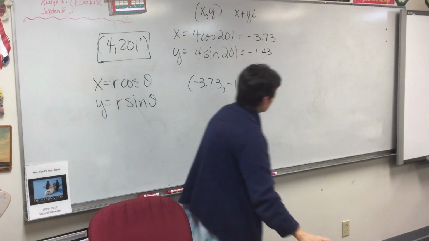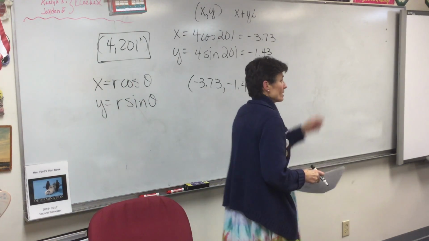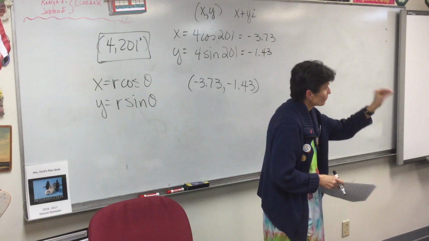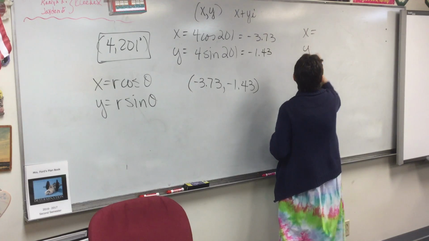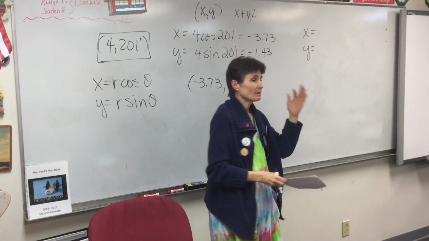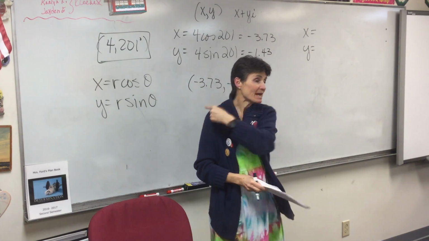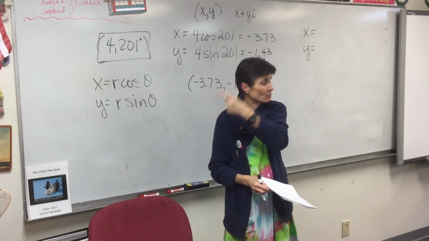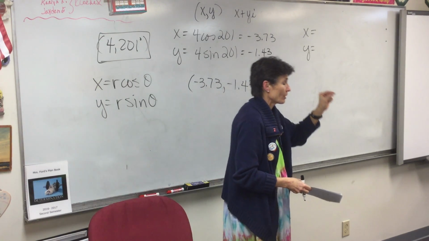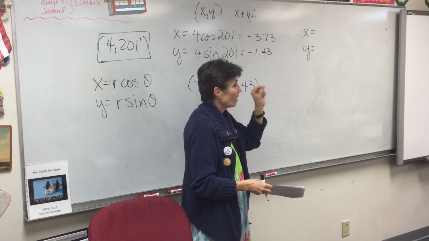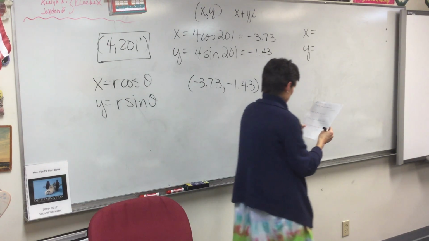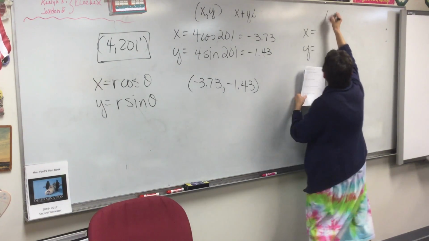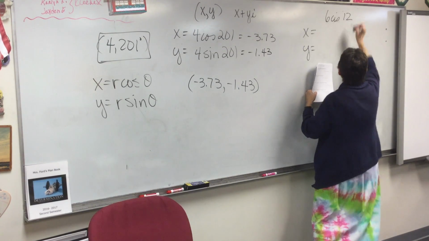So it does. Now, when I go down to number 4, the first 3 words are the same. Convert to rectangular. That means I need X and Y. And I'm going to find X and Y the same way I always find X and Y, which is R cosine theta and R sine theta, right? So what is my number this time? 6 CIS 12.